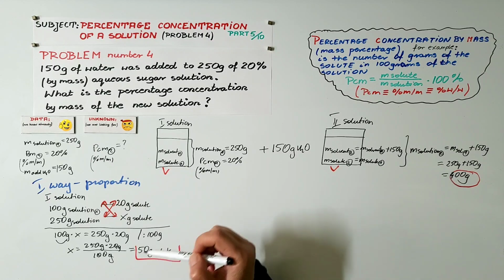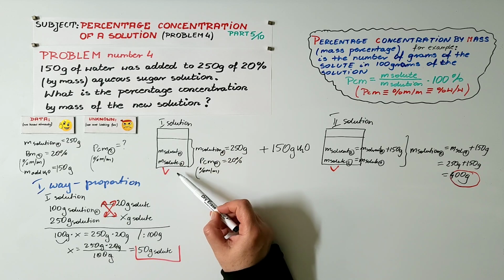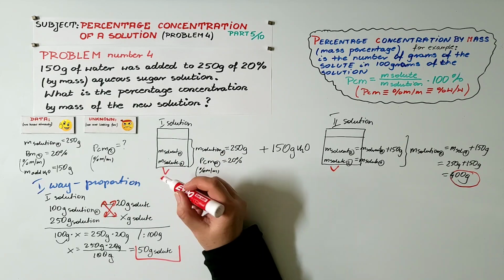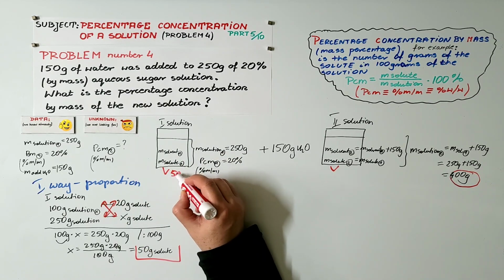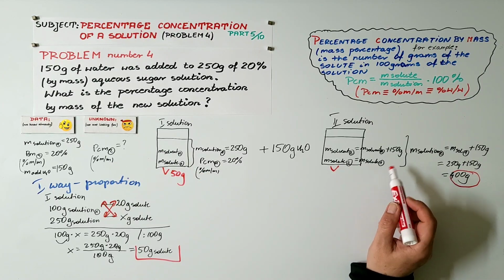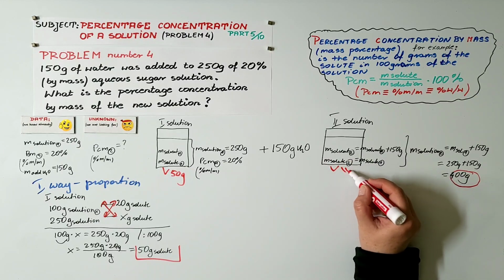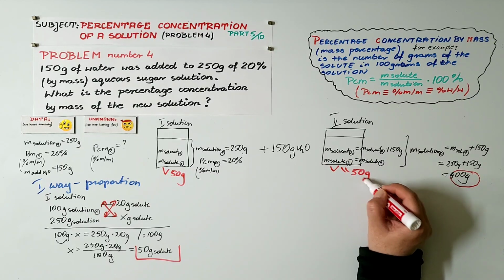So we see right now that in the first solution mass of solute is 50 grams. So mass of solute 2 is equal to mass of solute 1. So mass of solute 2 is 50 grams.